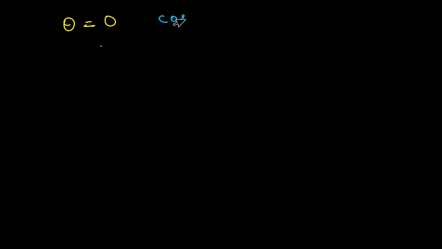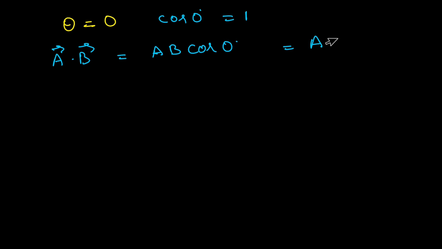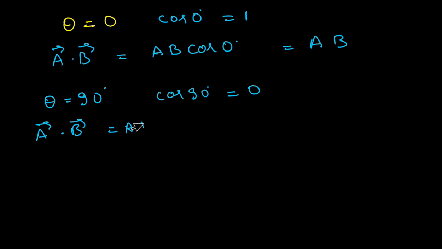So the dot product between two vectors between which the angle is 0 is equal to AB cos 0, which is equal to magnitude of vector A into magnitude of vector B. When the angle between them is 90, then cos 90 is equal to 0, and then the dot product will be AB cos 90, which is equal to 0.